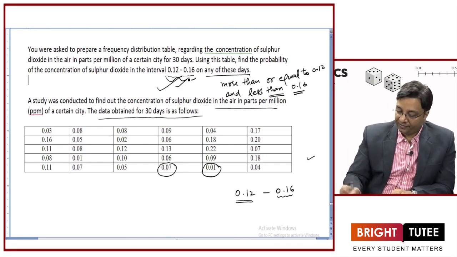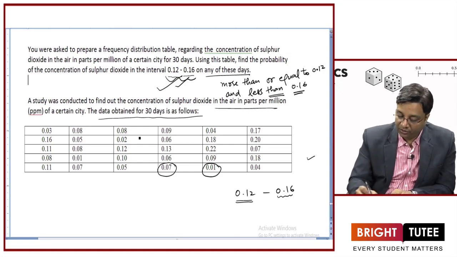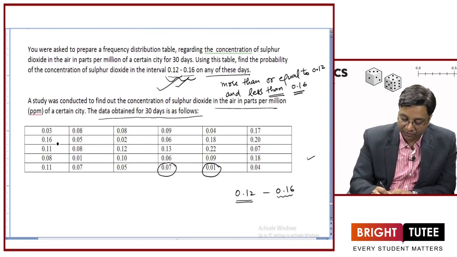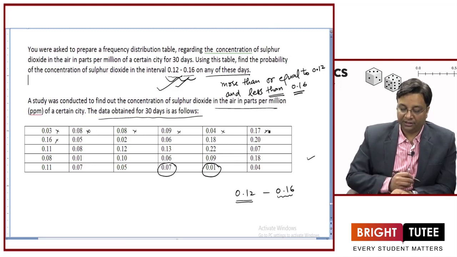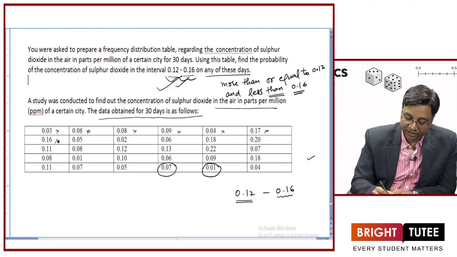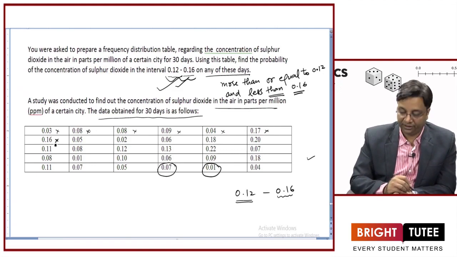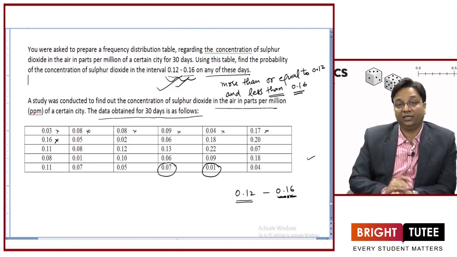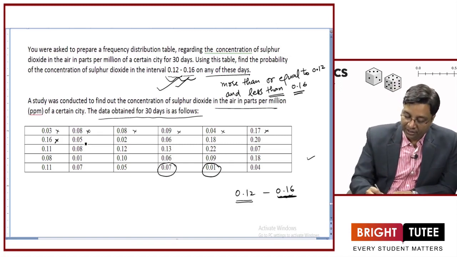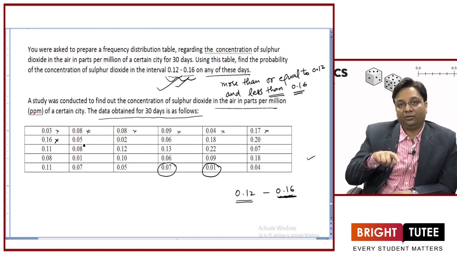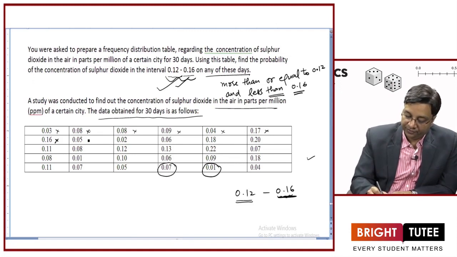So, let us see 0.12 and more and less than 0.16. So, we will not count this, right? I have not counted these because these are not in this interval. 0.16 I will not count, because this is the upper limit of this interval and it is not within this interval. The lower limit is to be counted in the interval. I hope I have explained it enough.